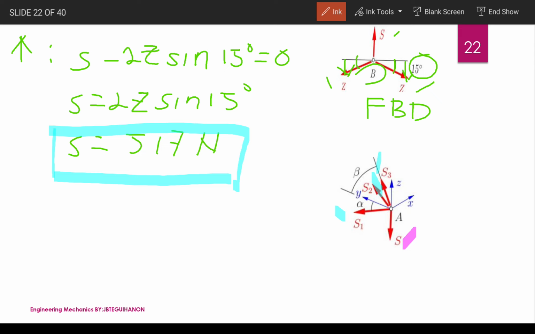Okay? Kumbaga, dito na yan. Yan. So, kumbaga nahati, no? Na-distribute sa bars itong S mo. Okay, so may mga angle yan. Angle alpha, angle beta.